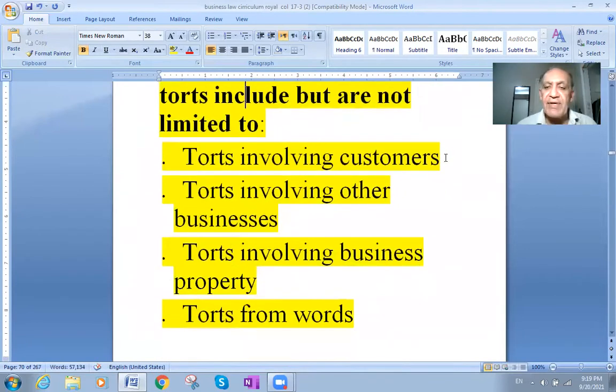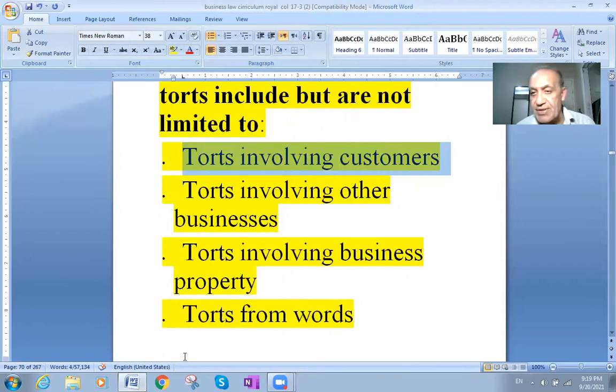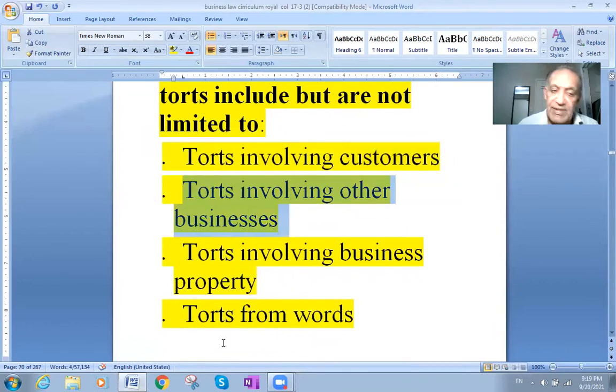Torts involving customers, torts involving other business, any harm that goes to the customer. You can remove the word tort and just put instead of it the word harm.